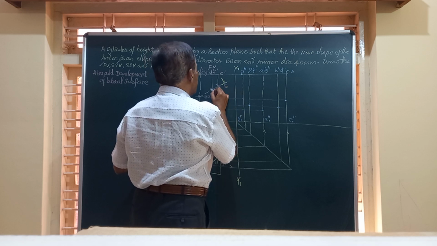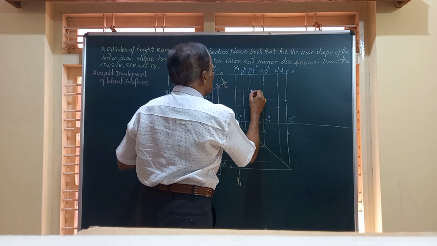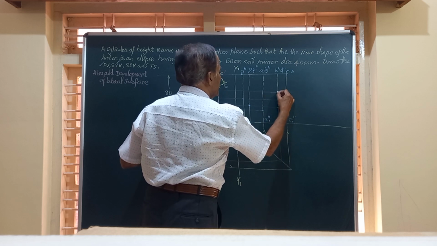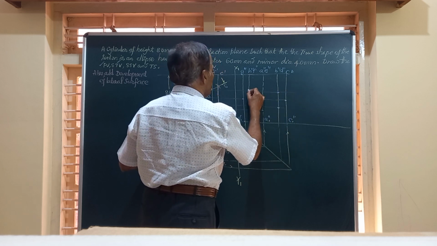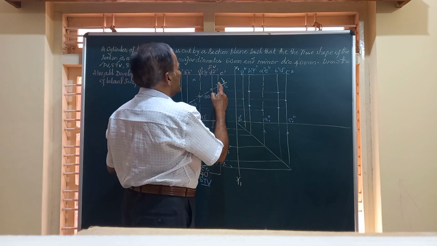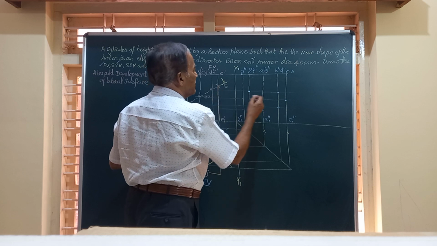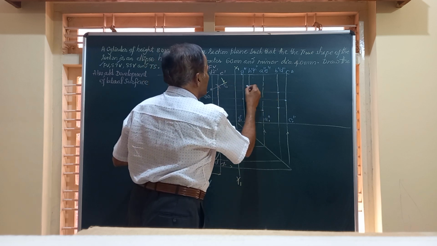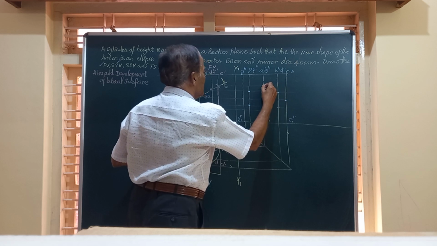This is on DD and FF. So we will mark it here, DD and FF. This is DD and this point is FF. Finally, friends, we have got a point on EE. So you can draw a horizontal line from there and mark on EE.